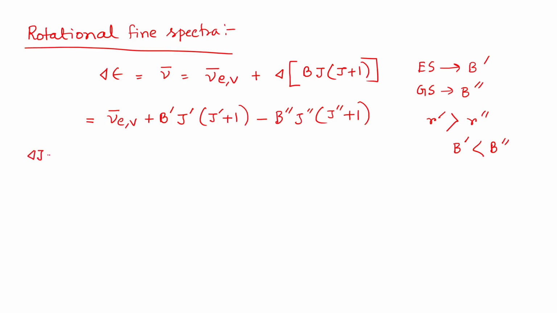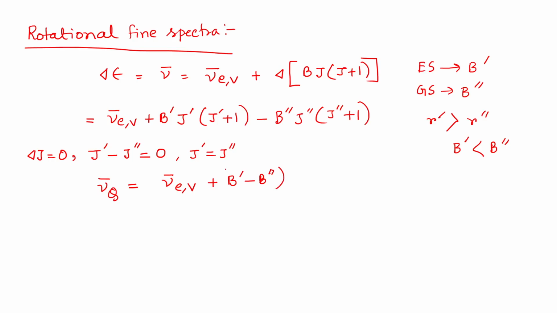So I'm not writing this, but we have three cases, right? In one case, delta J can be 0. In that case, if delta J is 0, that means J dash minus J double dash is 0, and that eventually means your J dash is going to be J double dash. So your nu bar, suppose I am writing Q, is your nu EV plus B minus, this is very easy, the first one, J dash, or I can even write J double dash, whichever I can take.